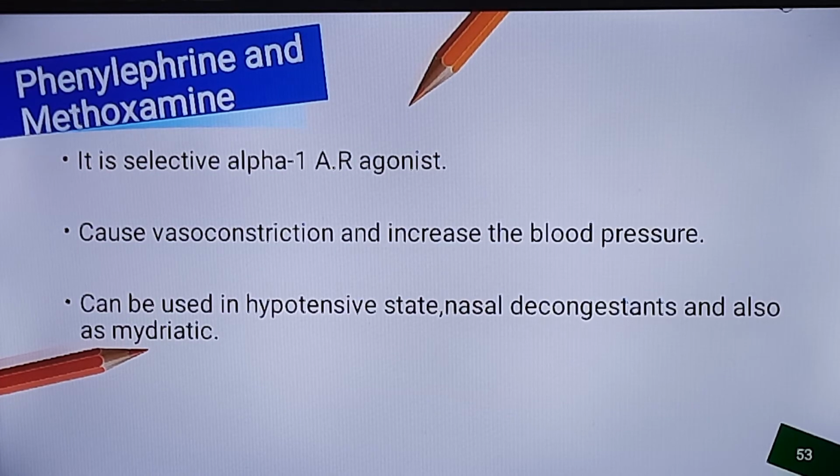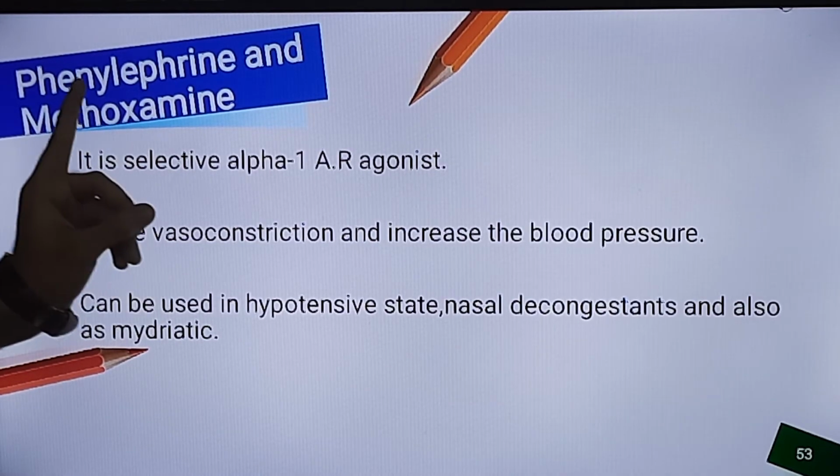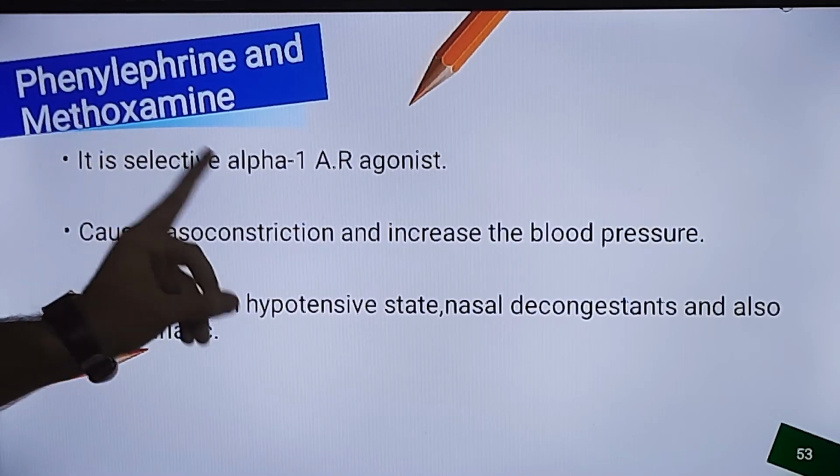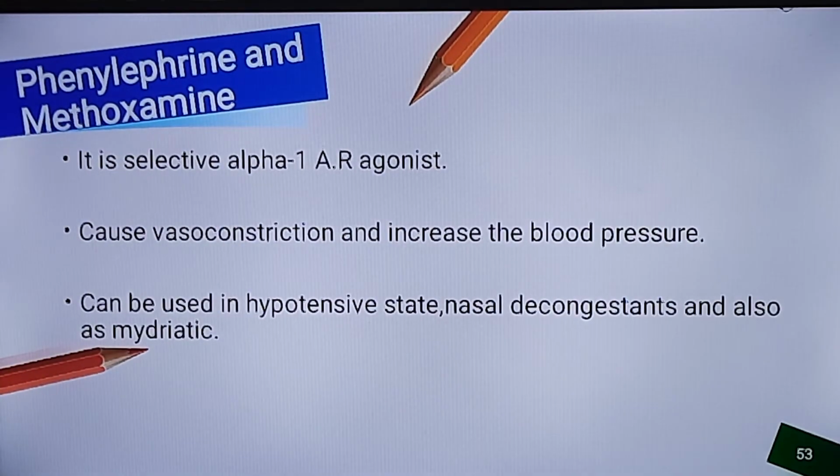Now, let's move on to the next drug, that is phenylephrine and methoxamine. Now, these drugs, they are selective alpha-1 adrenergic receptor agonist.